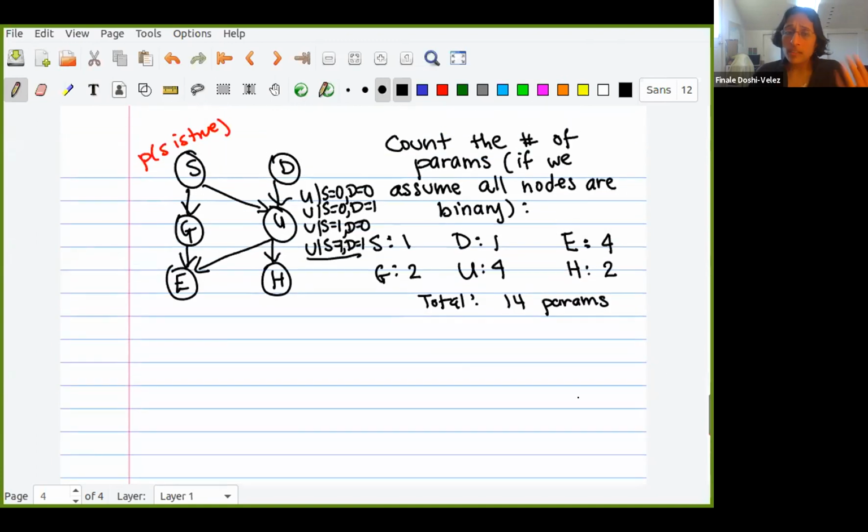But I could have drawn this graph differently. So what if I drew the graph differently? This is the point I want to make about uniqueness.